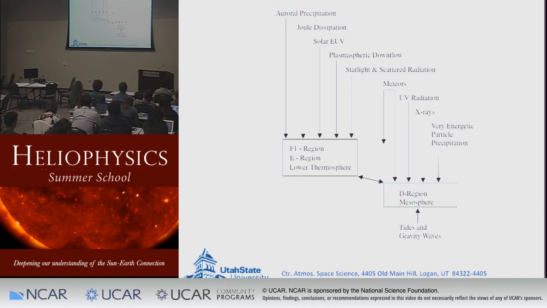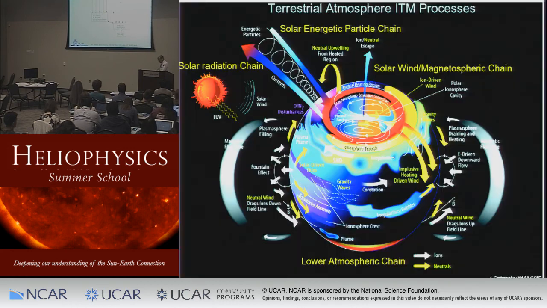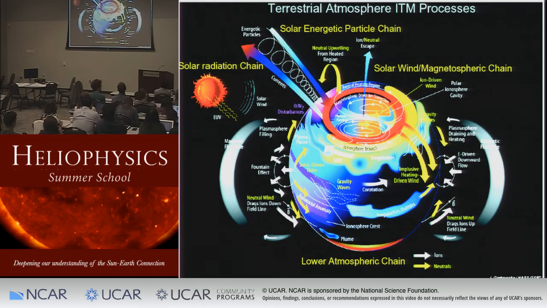And as we just talked about, and we've seen an example, from below, stuff is coming up too: tides and gravity waves, the dynamics. So that's what you'd like to do, but then you look at it pictorially, and you give up. You take a look at this and you say, it's not for me.